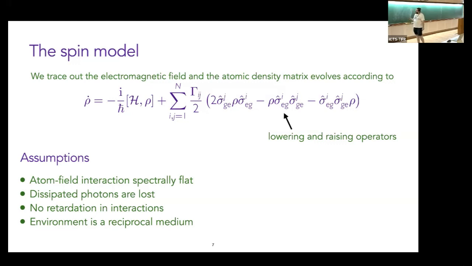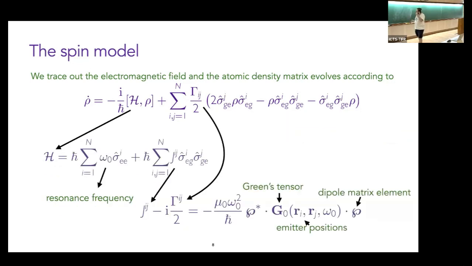When I do that, I arrive at this very familiar looking master equation where I have my Hamiltonian evolution, and then I have this correlated dissipation. Okay, where I can find my Hamiltonian, I have the flip-flop interactions I described before, and I have these dissipative interactions, both of which you can just find by the Green tensor, by how the field propagates between atom I and J tells me how atom I and J interact.